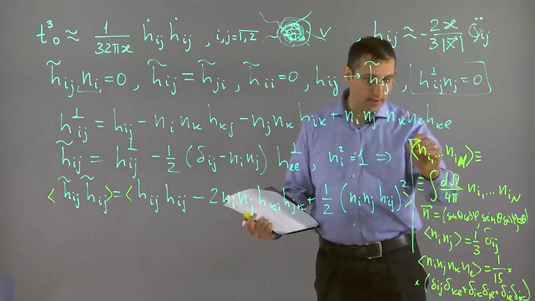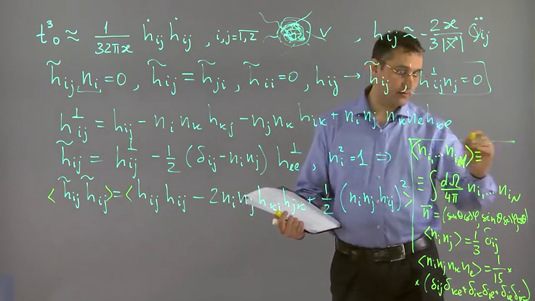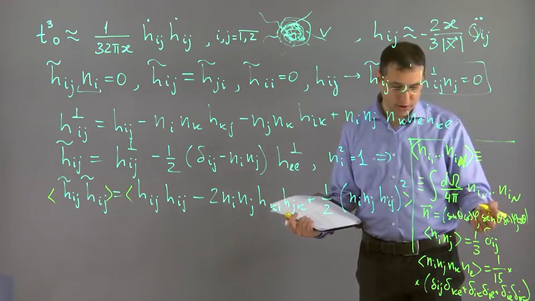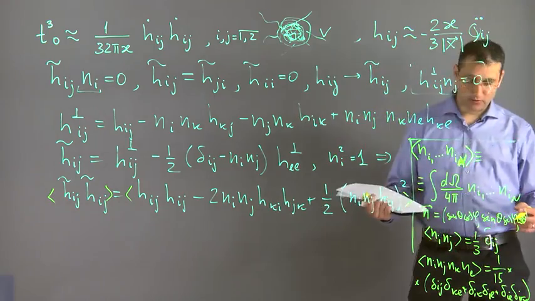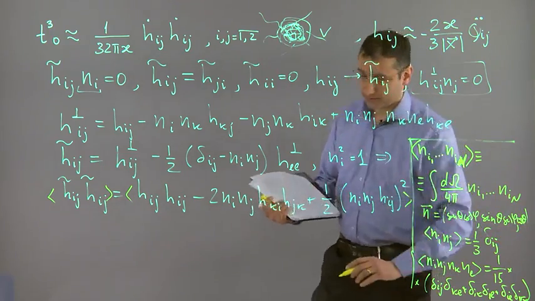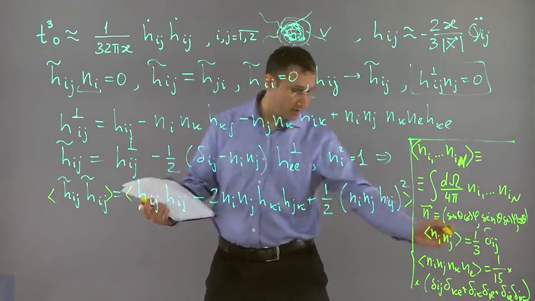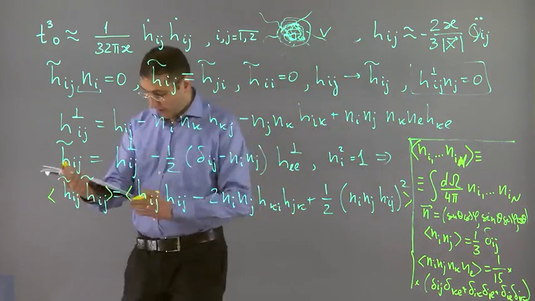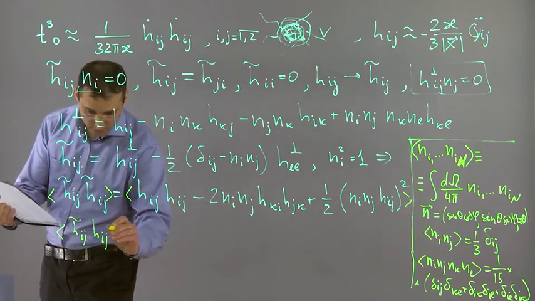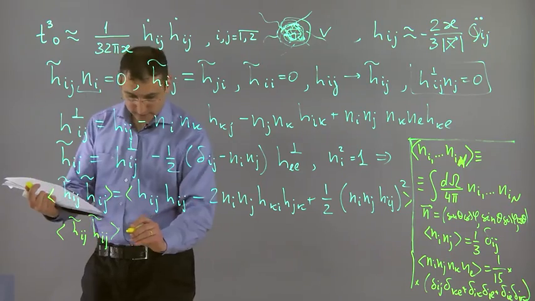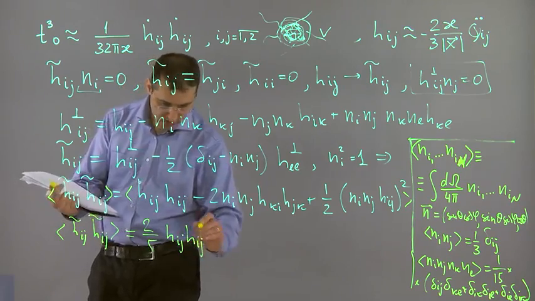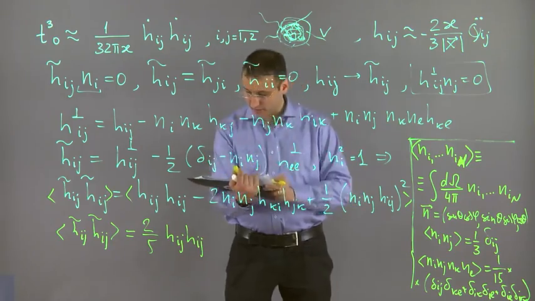Those who have been studying electromagnetic radiation and the motion of charges in electromagnetic fields should know this procedure and understand the meaning of these answers. As a result, the average of H_ij twiddle squared is nothing but 2/5 H_ij times H_ij.